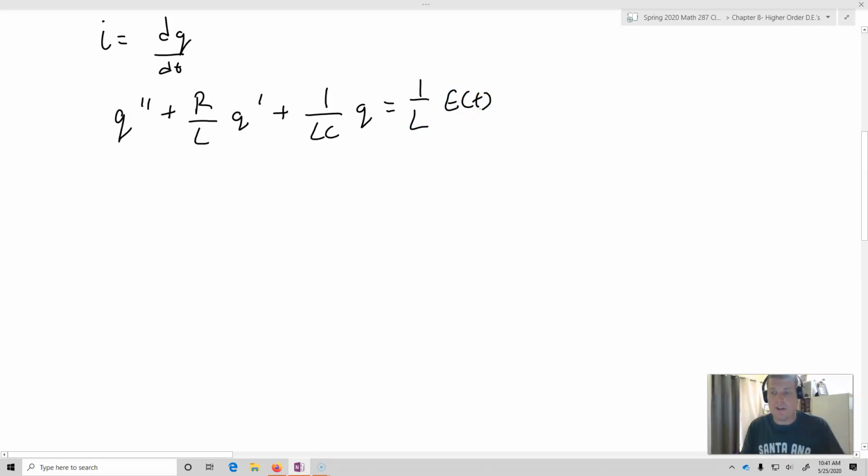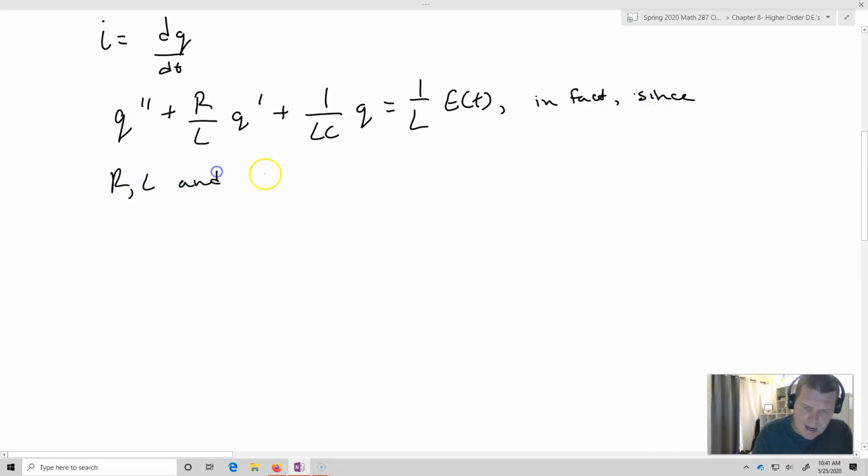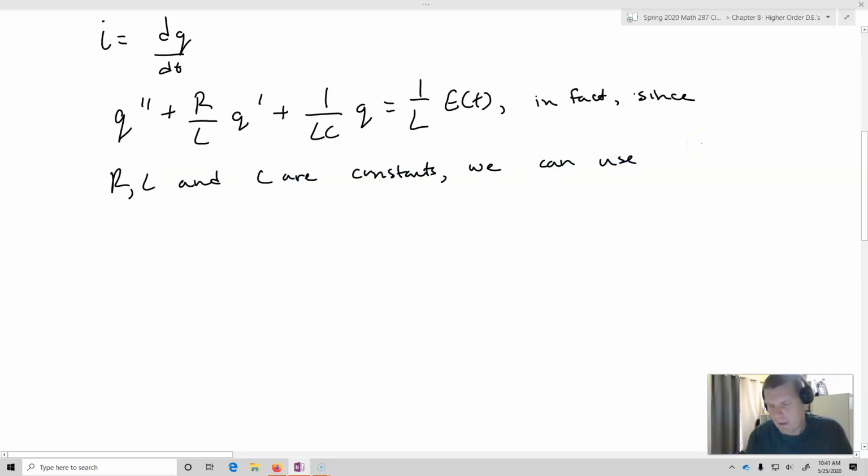This is a second order differential equation. It's definitely something that we could actually solve. In fact, since, at least in our model, they're all constants, we can use our polynomial differentiator, P of D, in order to solve these, all right?